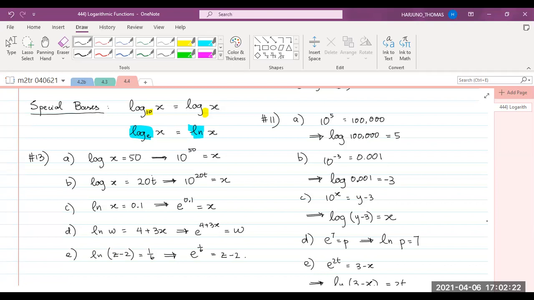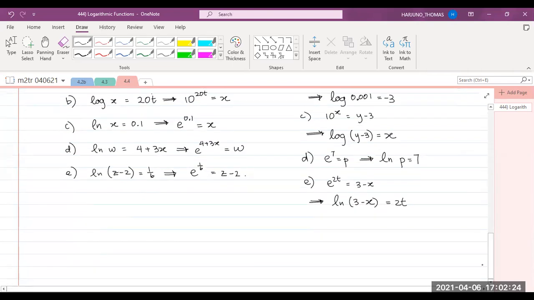Okay, now with those said, let's go on to computing some basic properties of log. Number 15, part A. Compute log base 5 of 1. What is that equal to?